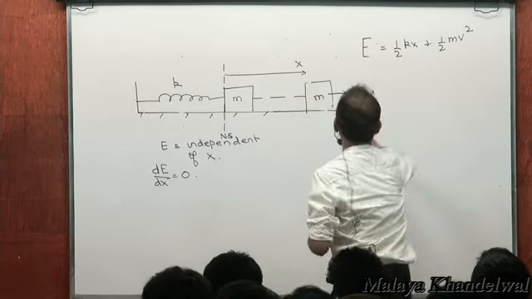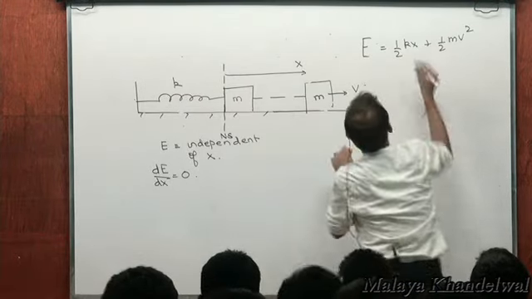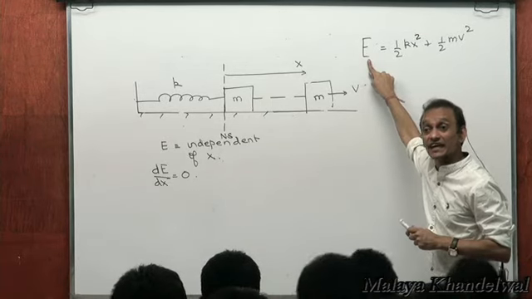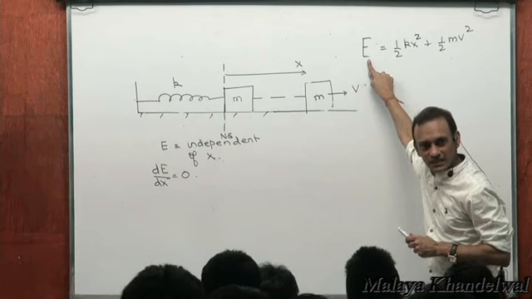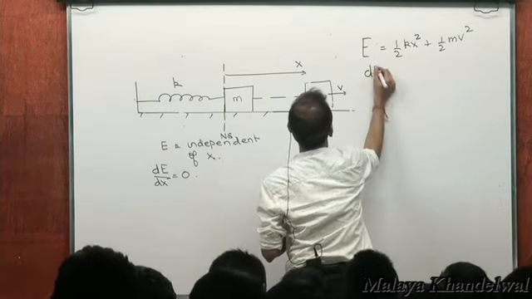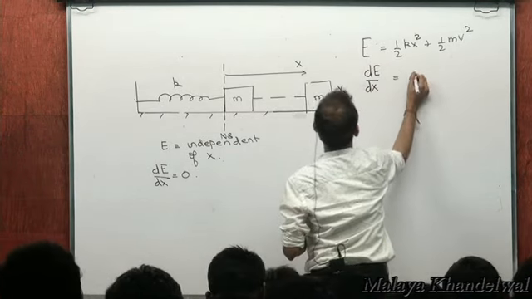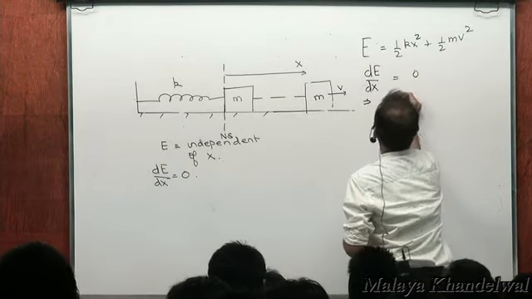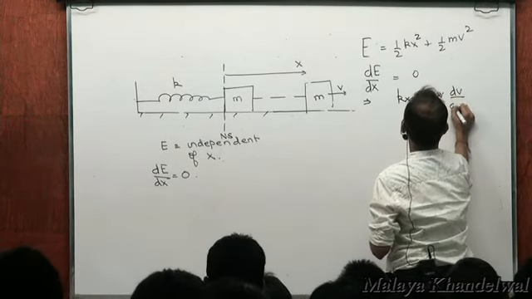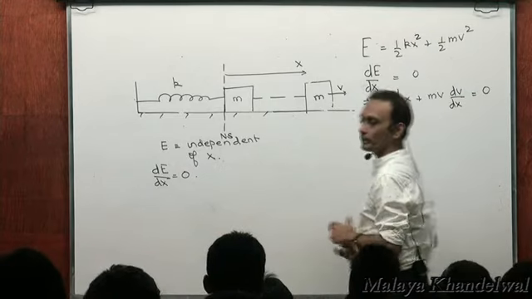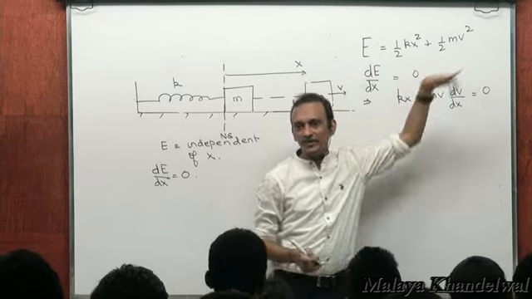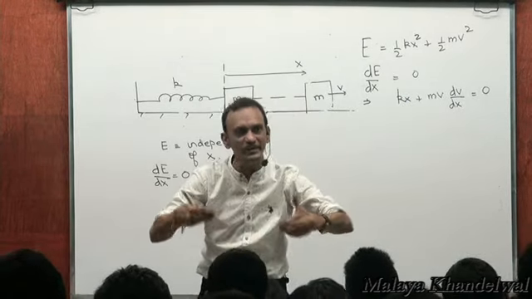Okay. So now, half kx squared plus half mv squared. Let me put dE dx as 0. Once I put dE dx as 0, I get kx plus mv dv dx as 0. If I differentiate v squared with respect to x, I get 2v dv dx.